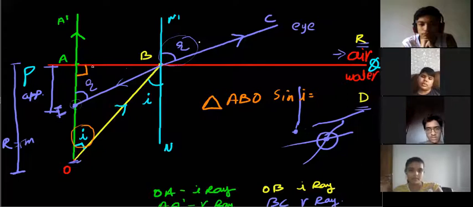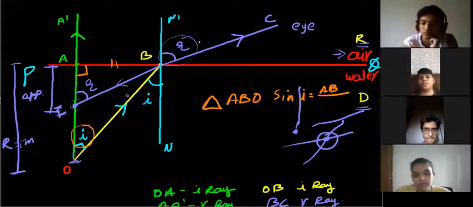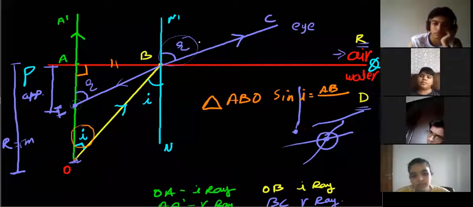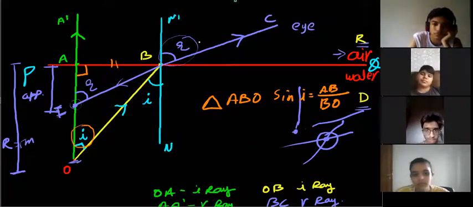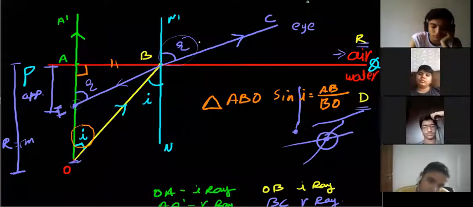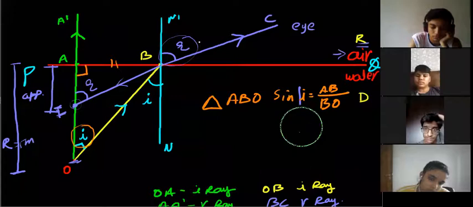AB. Everyone clear? Opposite is AB. AB upon hypotenuse, what is the hypotenuse? BO. Okay, AB upon BO. Everyone clear about this? Yes, sir. Now let me just erase this part over here from the middle, it has been left in between.